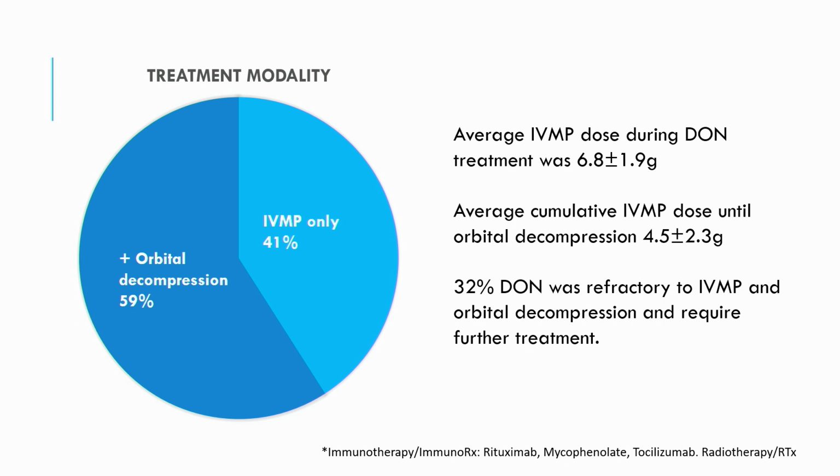With this treatment, our study shows that 41% of cases had good response to IV methylpred alone with resolution of DON, but 59% proceeded to need orbital decompression as they showed persistent signs of DON. I find that quite interesting. Of this group, 32% had DON that was refractory to the combined treatment of IV methylpred and orbital decompression.